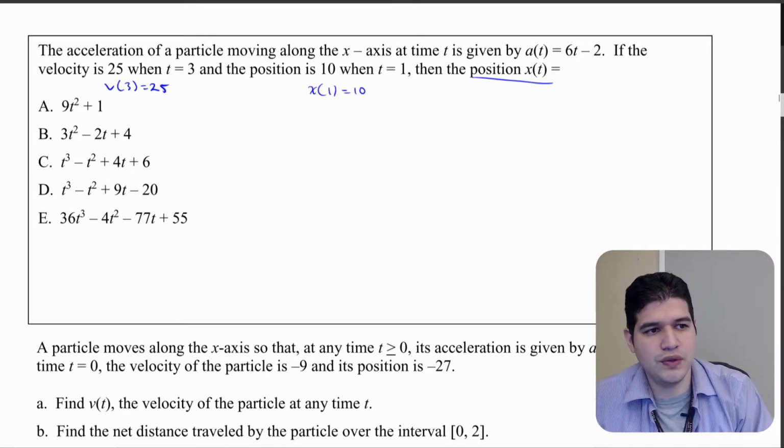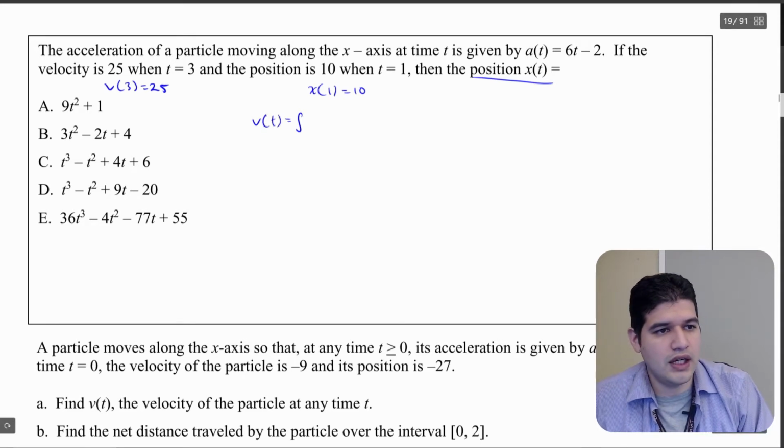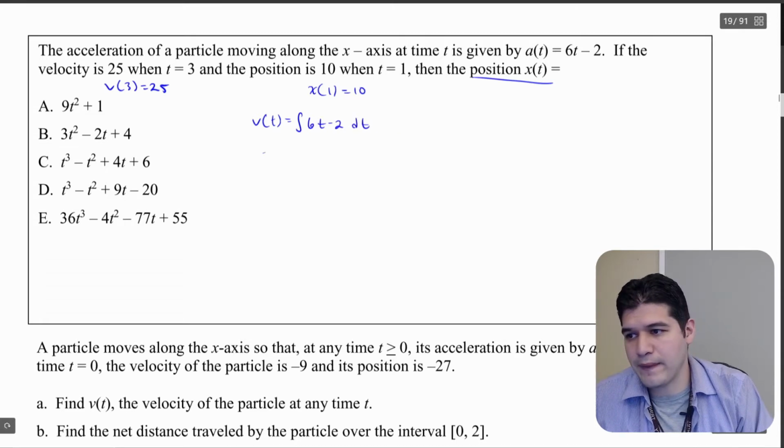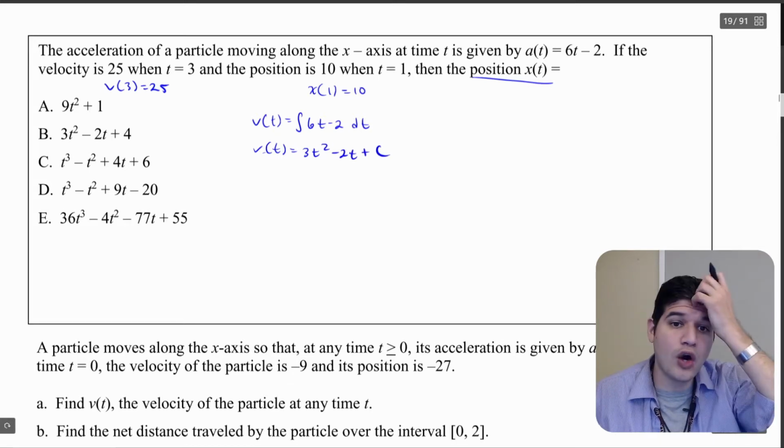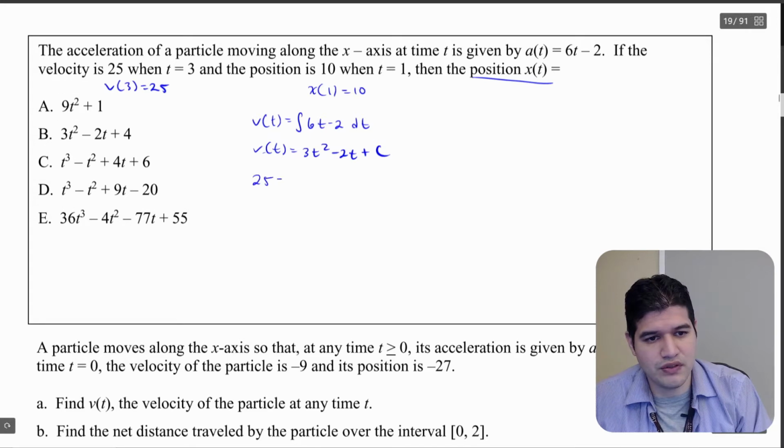All of that is tipping me off with integration. So v of t is going to be the integral of 6t minus 2 dt, which comes out to be v of t equals 3t squared minus 2t plus c. Since v of 3 equals 25, 25 equals 3 times 3 squared minus 2 times 3 plus c.